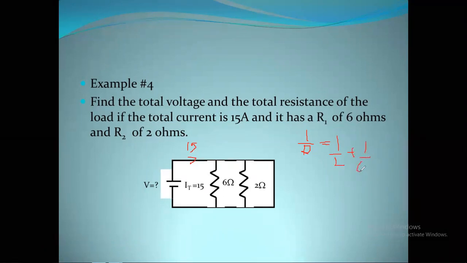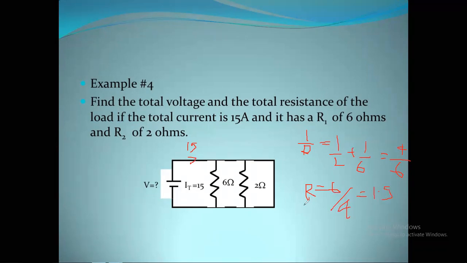Then if you get the LCM, this amount is 3 over 6 plus 1 over 6, 4 over 6. Then 1 over R is 4 over 6. Therefore, R equals 6 over 4, it's 1.5.